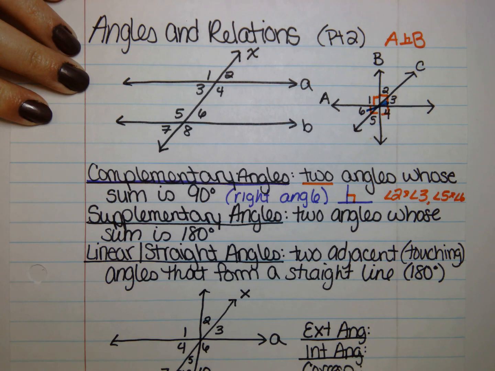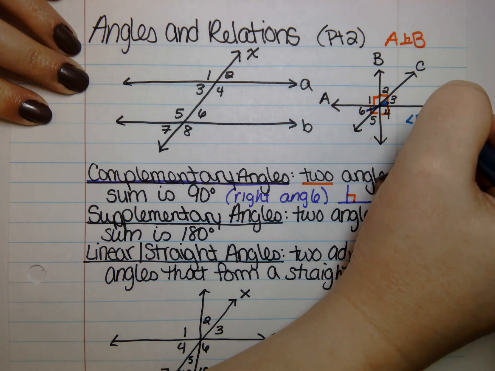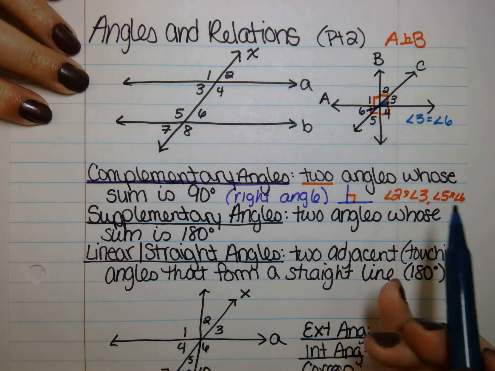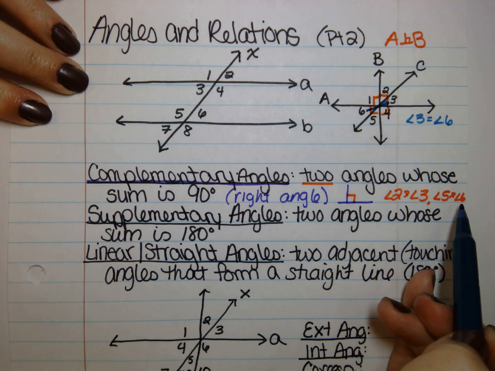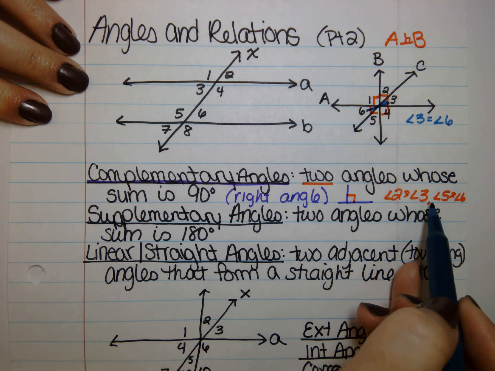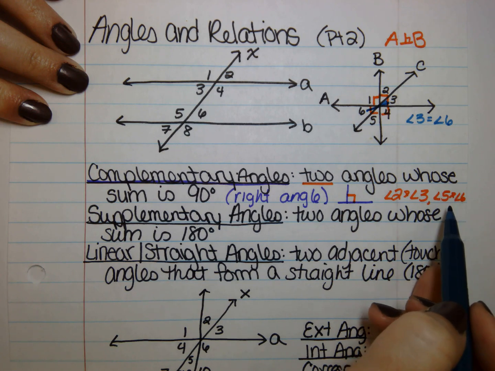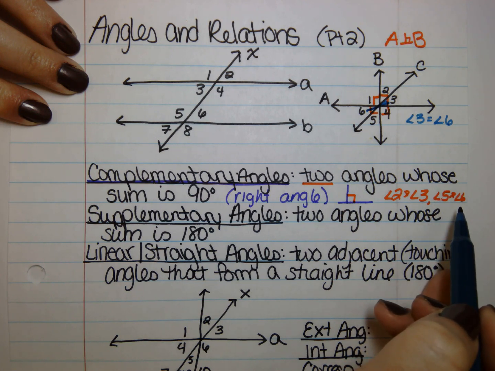So I can replace them, because angle 3 equals angle 6. When we write our pairs, you could also have angle 2 and angle 6 instead of angle 3, or angle 5 and angle 3 instead of angle 6.